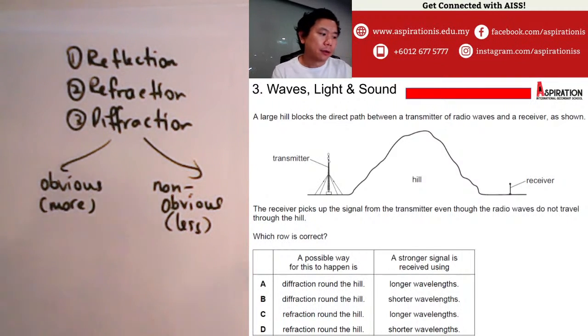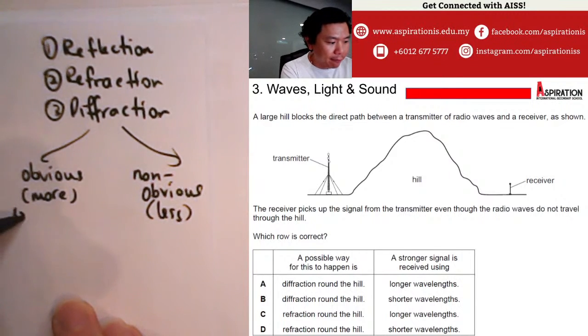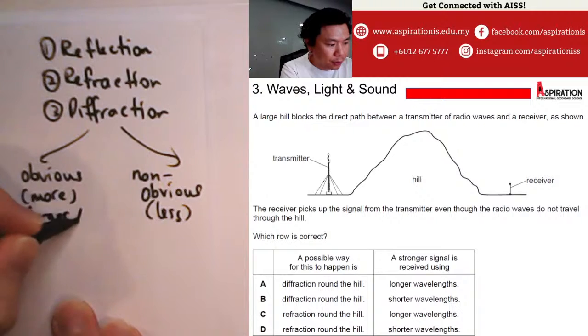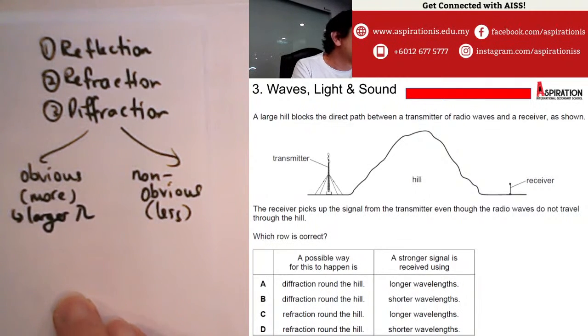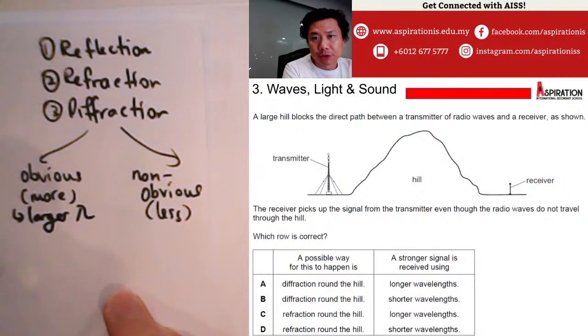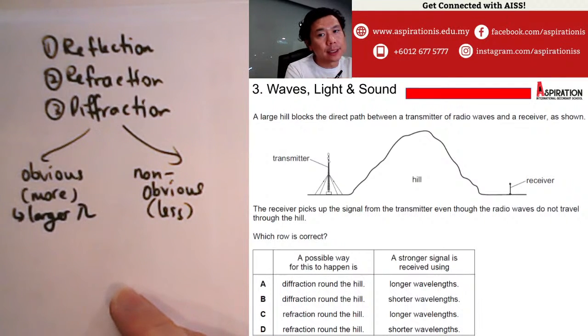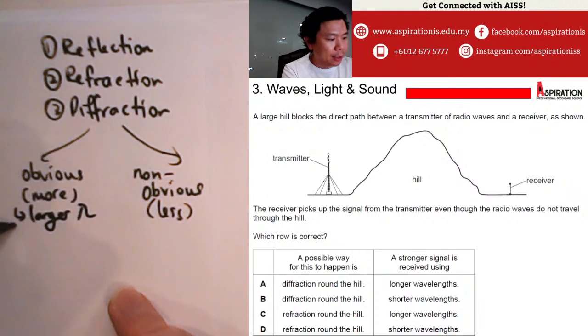Now, in order to have more diffraction, the wave should have a larger wavelength. Thank you, Kylie, for joining us. So yeah, larger wavelength. And this is not the gap, right? This is an obstacle.